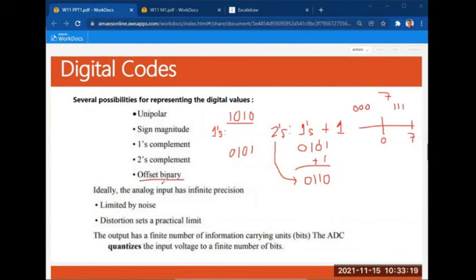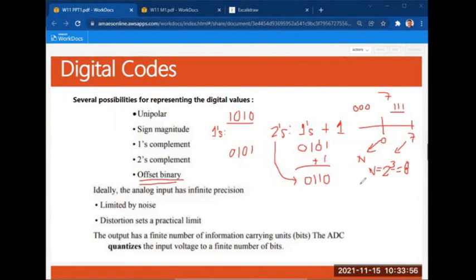When we say offset binary, what we do is, instead of just using 0 and 7, we try to shift the binaries by a certain number n, depending on how many bits. For example, we have 3 bits. So with 3 bits, n will be equal to 2 raised to 3. So that will be 8. Okay, so what will happen is we will shift our binaries to the left.